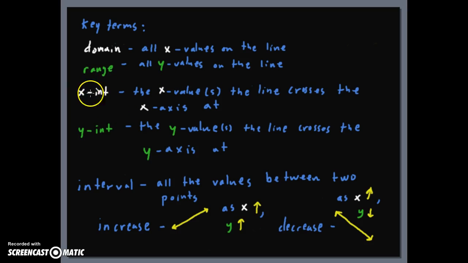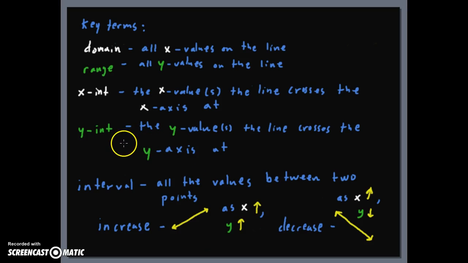So we've got the x and y intercept. The formal definition of the x-intercept is the x value or values, depending upon how many times it crosses the x axis, that it crosses the x axis at. So if it crosses at (-3, 0), that would be the coordinate point. The x intercept would be -3 because that's the x value.